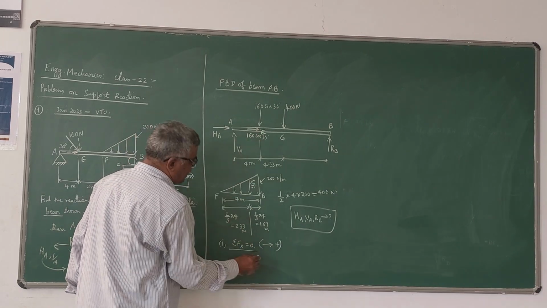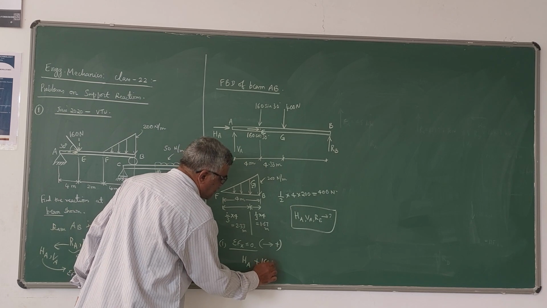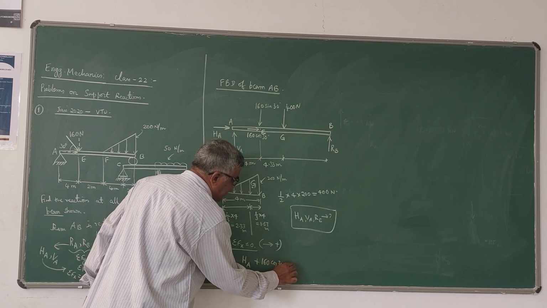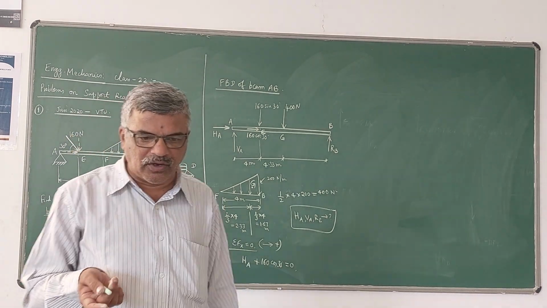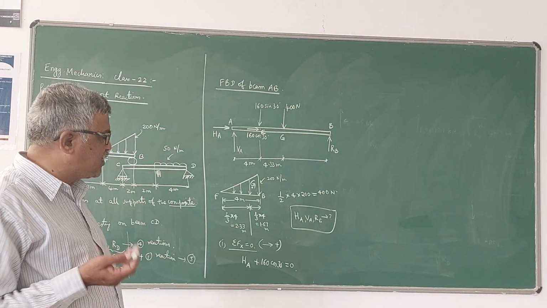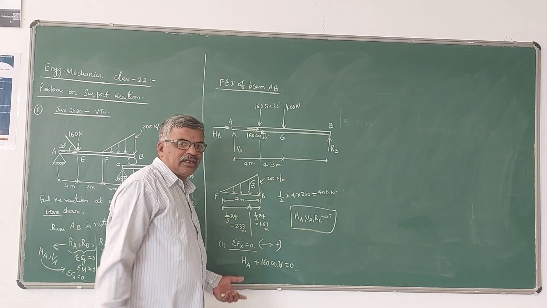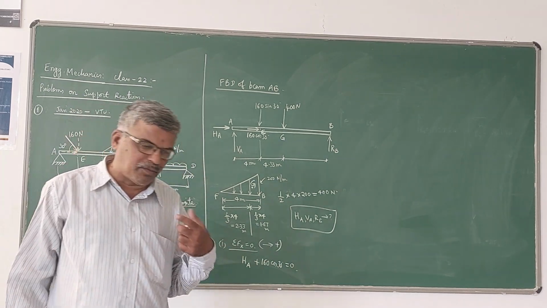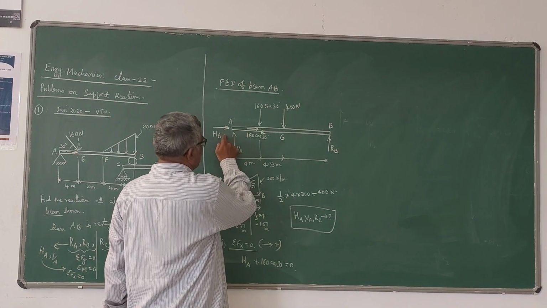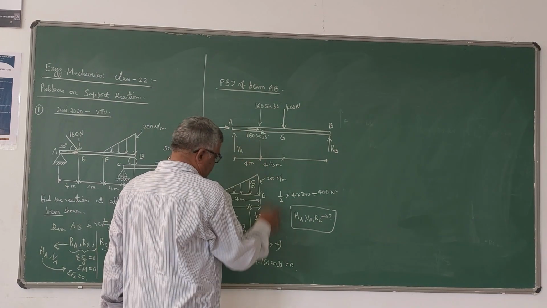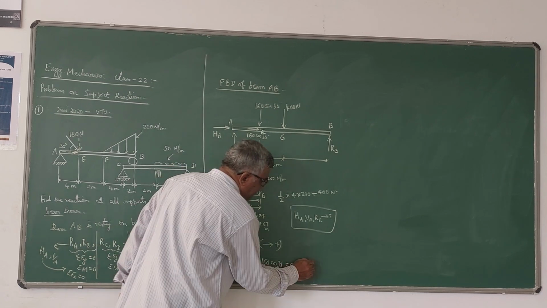This 160 cos 30 is also positive. Initially you can assume any direction. Later on, after getting the value of the unknown reaction, if it is positive, your assumed direction is correct. If it is negative, it acts in the opposite direction.